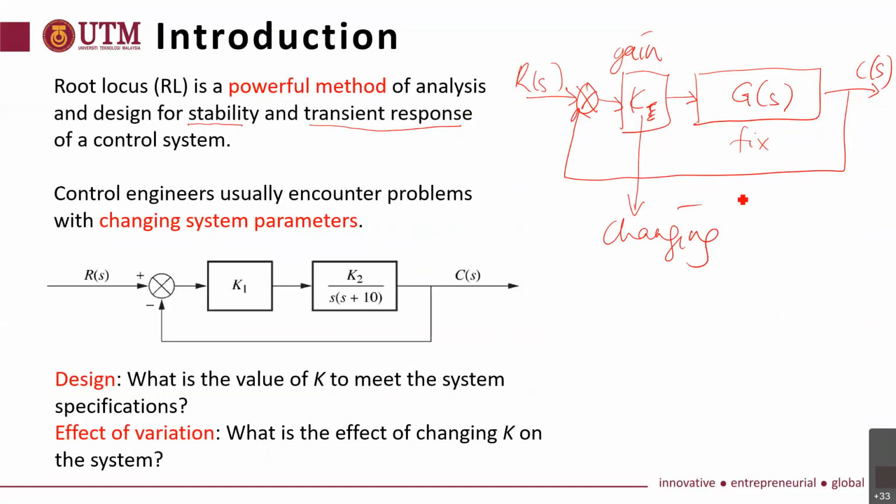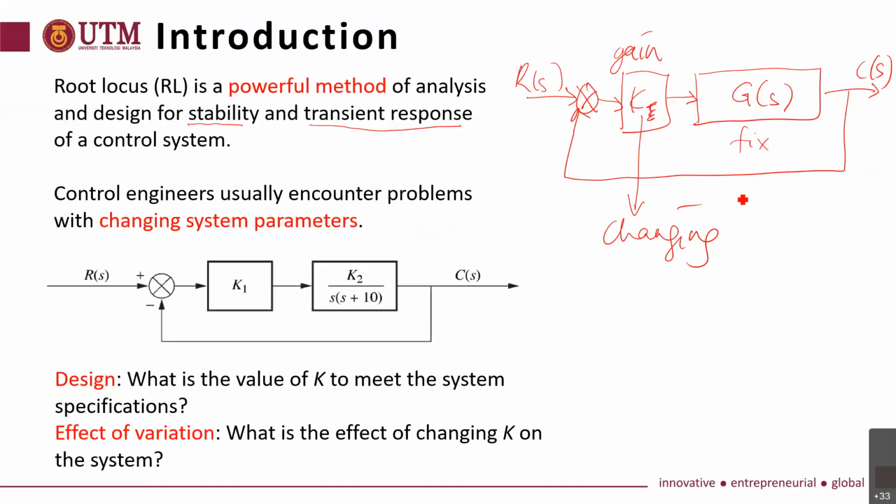The problem is, what is the best K in order to make sure the system is stable? And what is the best K in order to obtain the desired transient response? Let's say I want a system to operate at 10% overshoot.